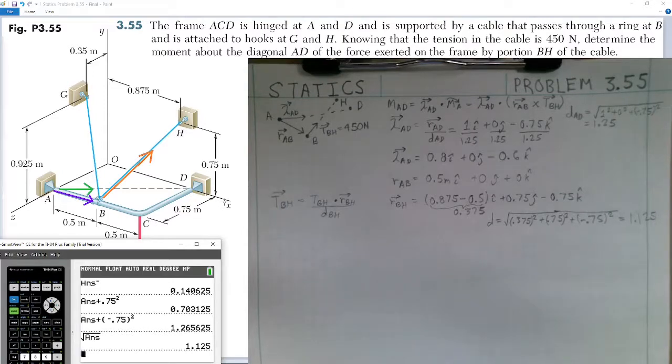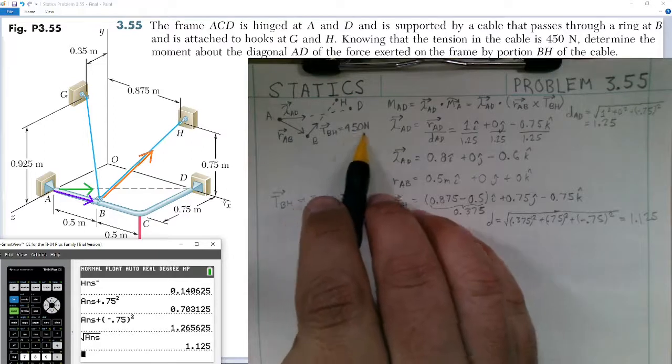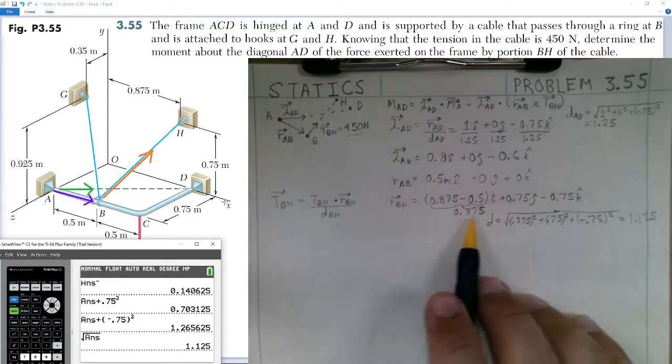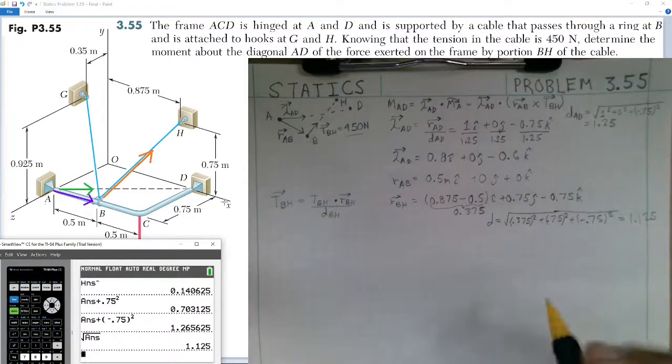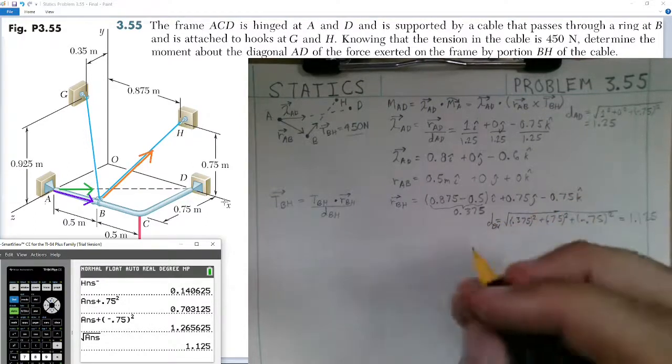Excellent. So now we can go back and plug in these values. We have our 450 Newton value of our tension. We can plug in this position vector and this distance value from B to H, and determine what our tension vector is.